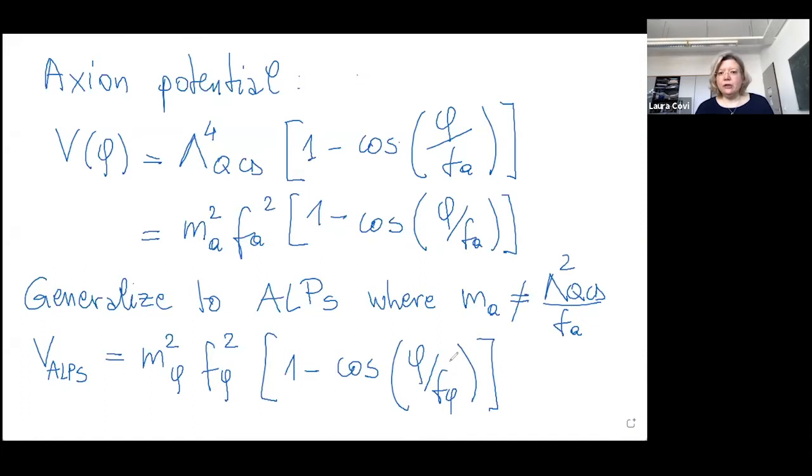And of course, all the misalignment mechanism I discussed last time works perfectly fine for any pseudoscalar. You were just using the fact that you had this potential, and therefore the prediction I gave you yesterday, you can extend to any pseudoscalar field.